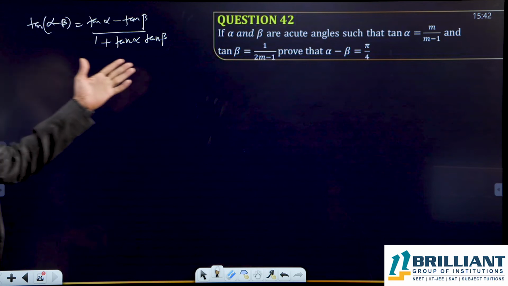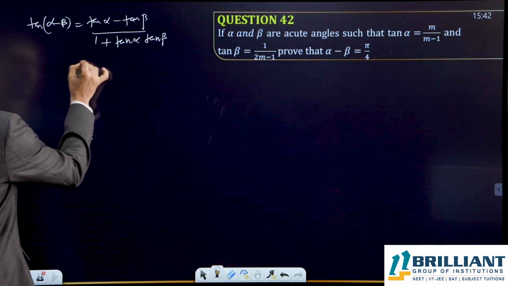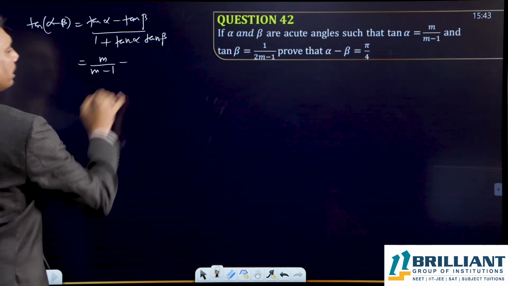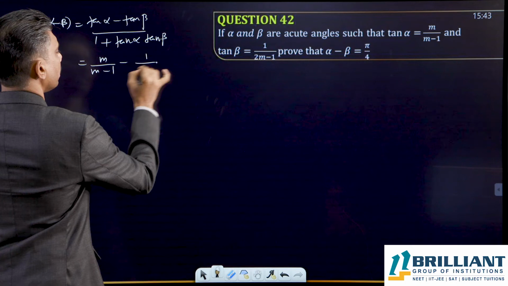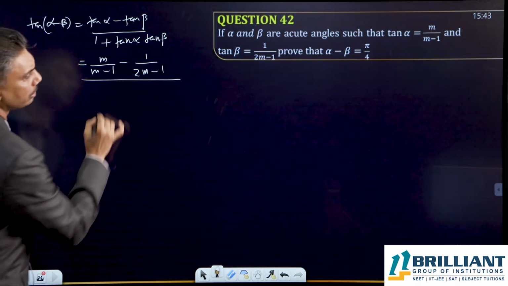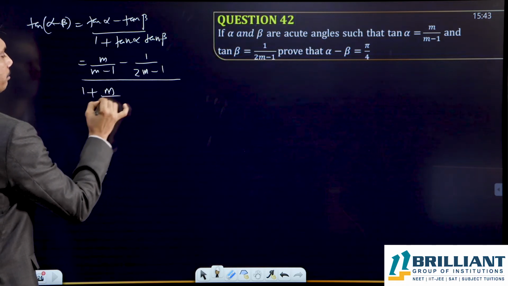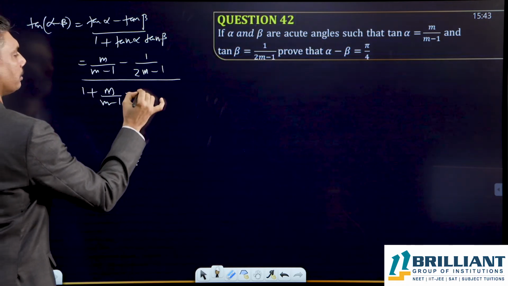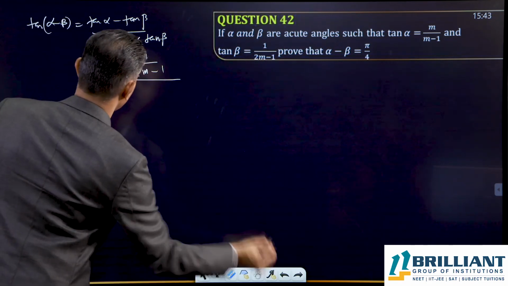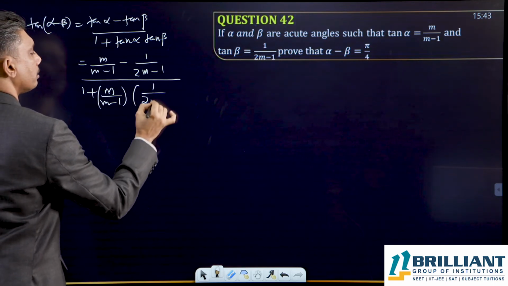Now, tan alpha you can have m by m minus 1, m by m minus 1 minus 1 by 2m minus 1 by 1 plus m by m minus 1 into 1 by 2m minus 1.